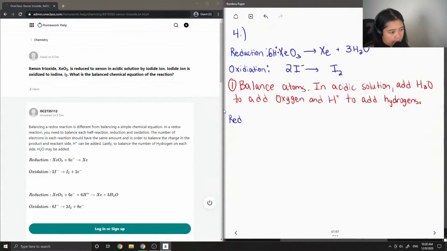Okay, so I'm going to rewrite this down here just so that I have more room to work with. So far we have 6 protons plus the xenon trioxide makes xenon plus 3H2O.